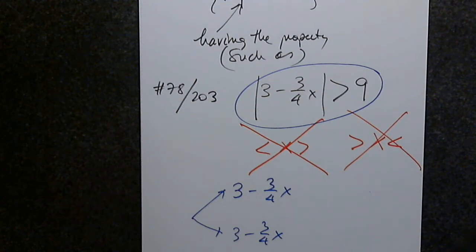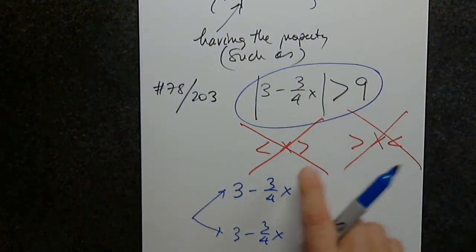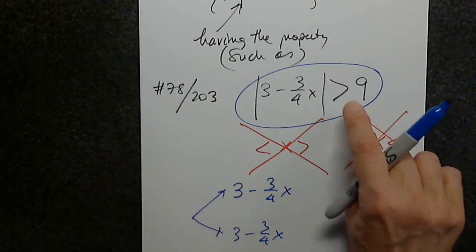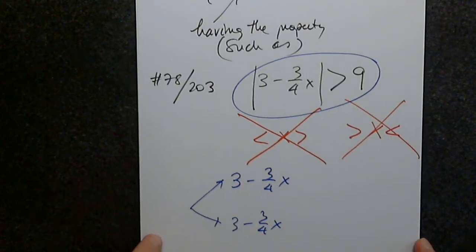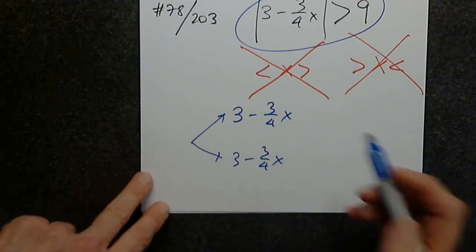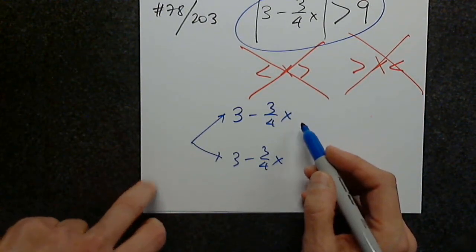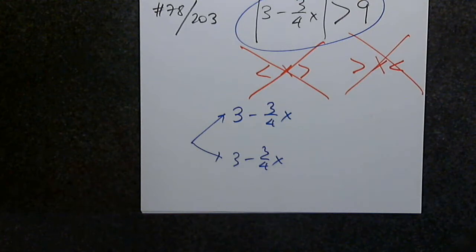First of all, I cannot write greater than or less than, right? It's either greater than something or less than something. We're not solving yet. We are converting. We haven't written any inequalities yet.